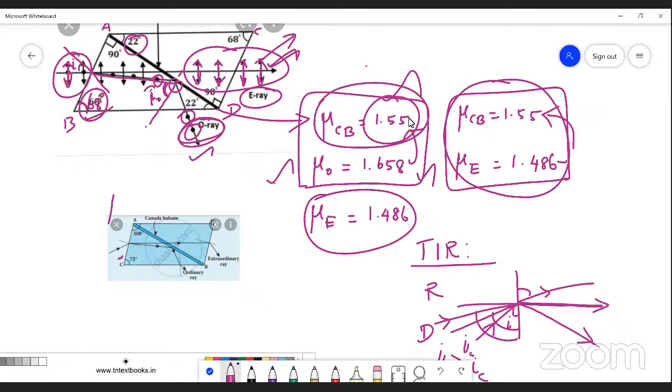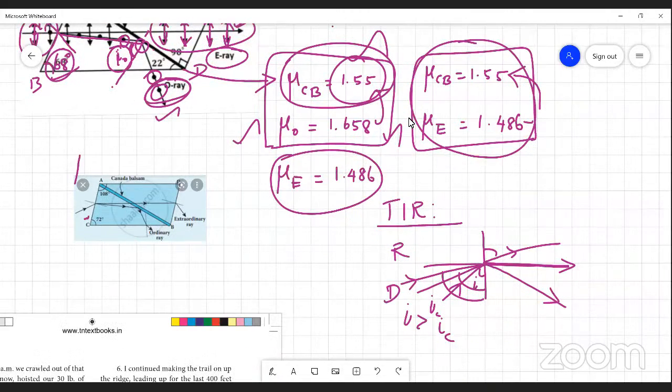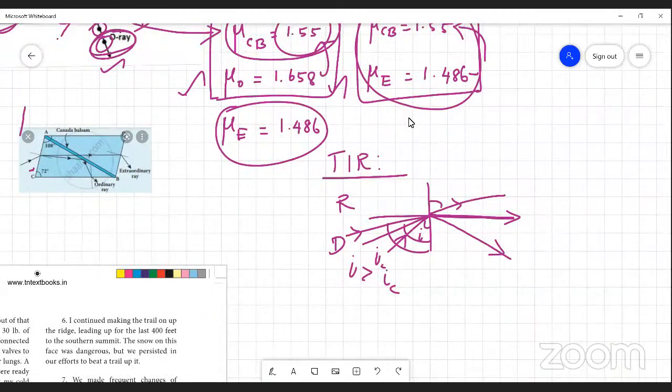Yes, sir. When the angle of incidence attains above 68 degrees, the ordinary ray must be affected by total internal reflection. I want to calculate this angle of incidence. You know the refractive index of the second medium with respect to the first medium, on the basis of Canada balsam.